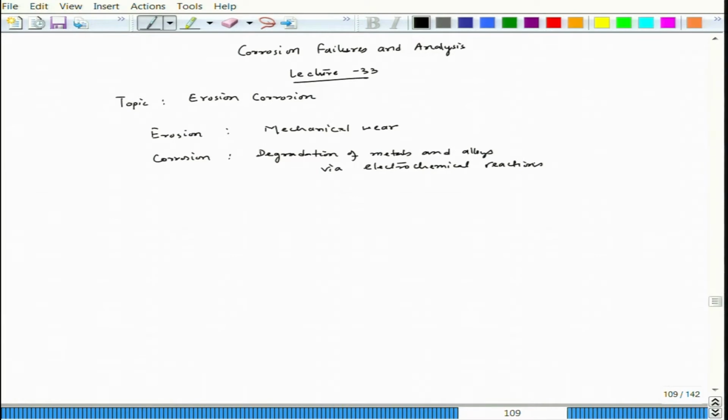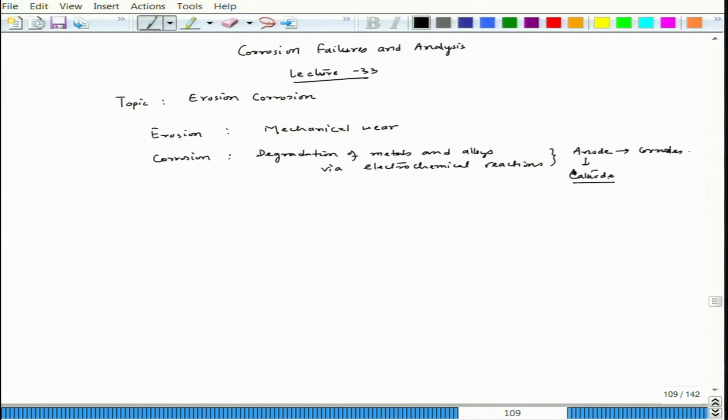Now, of course, in this case we need an anode which corrodes, and in order to maintain electron balance or charge balance, we need another, a cathode. Okay.